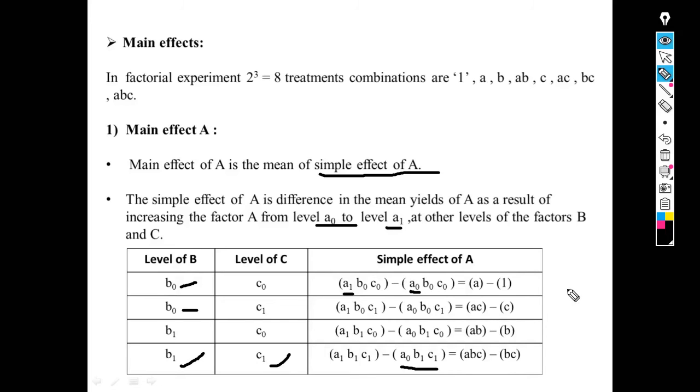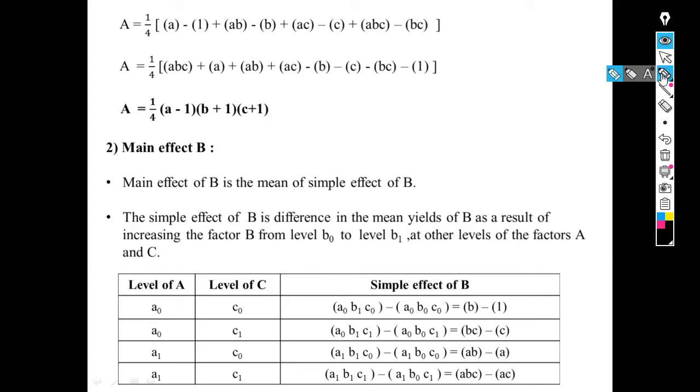And what is the main effect of A? It is the simple average of the simple effects of A. Here we get four simple effects for different levels of B and C. So the main effect for factor A is 1/4 of the sum, since we have four simple effects and their average is main effect A. It is denoted by capital A and equals 1/4 (A minus 1 plus AB minus B plus AC minus C plus ABC minus BC).